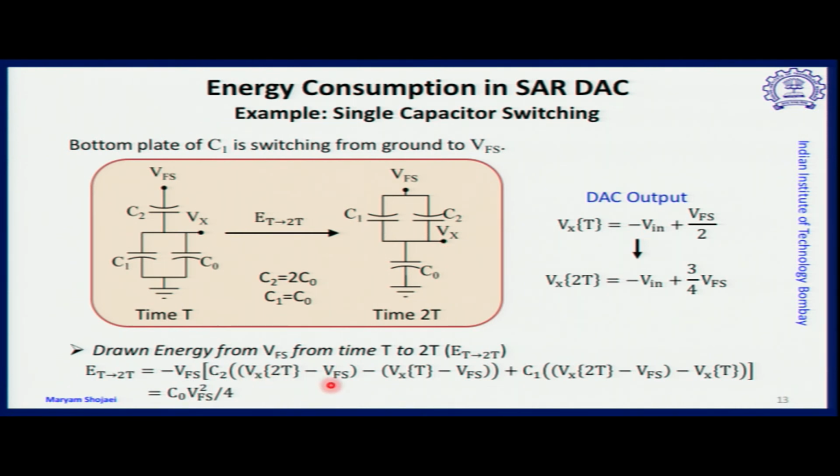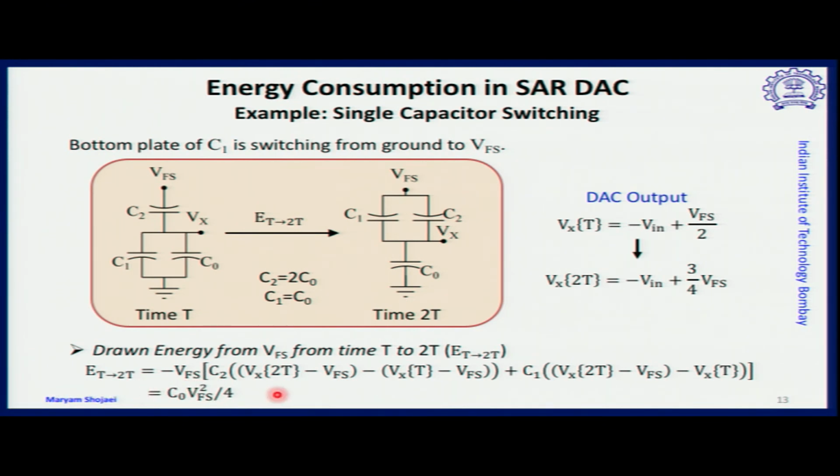Therefore, we will calculate the variation of the voltage across the two capacitors from time t to time 2t by just considering the voltage difference across the two capacitors, multiplied by the value of the capacitor, which will give us effectively the amount of charge drawn from V full scale, multiplied by V full scale, and that will give us the variation of energy.